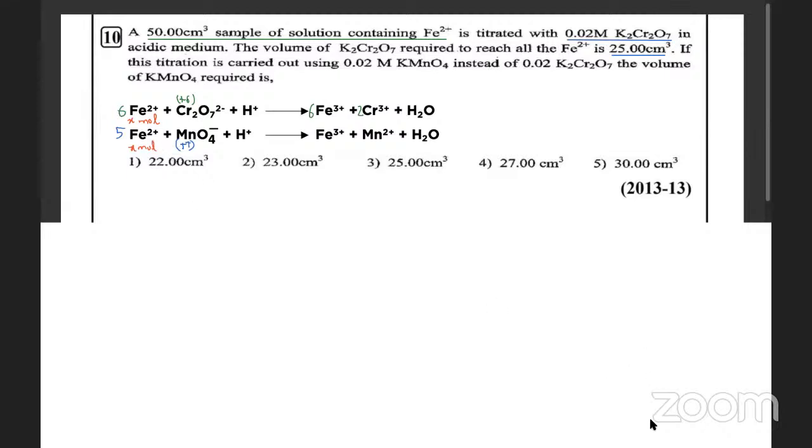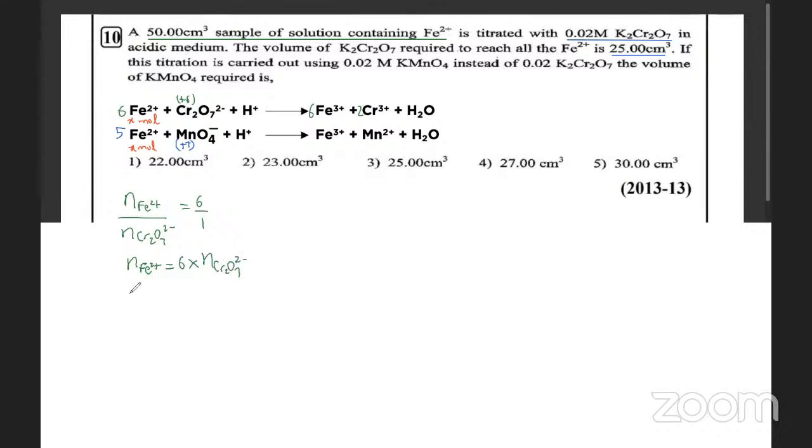Okay. So let's start with the first reaction, which I've balanced in green color. In that reaction, we can say number of moles of Fe2+ over number of moles of dichromate is equal to 6/1. So number of moles of Fe2+ is in fact equal to 6 times number of moles of dichromate. Correct?